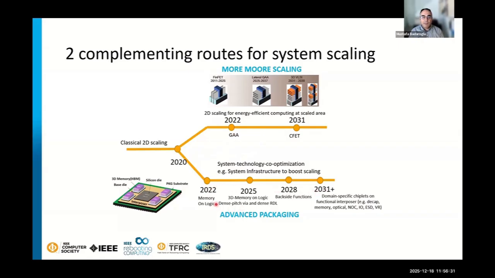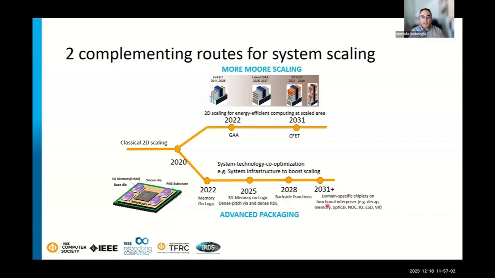Advanced packaging is first of all making the device compatible for packaging, such that we can do advanced integration these days: 3D memory and logic, enabled by dense pitch via and dense RDL technology, bringing more backside functions for clocking, for power distribution network, and long bus routing.